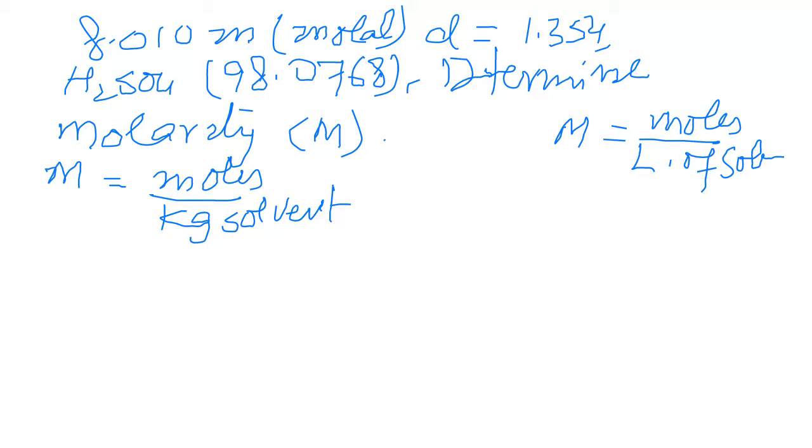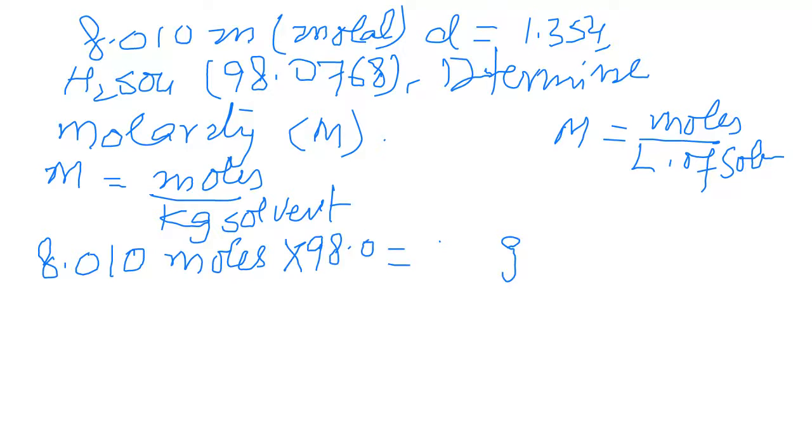So first we have to find out the mass. How do we calculate the mass? You take the 8.010 moles of H2SO4 and multiply by the molar mass of H2SO4, that is 98.0768.